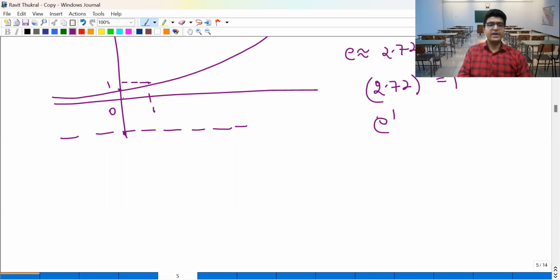So for any y below 0, you'll get zero associations. So still the definition of one-one function is satisfied. So e to the power x, even by the horizontal line test or by the derivative test, is a one-one function.